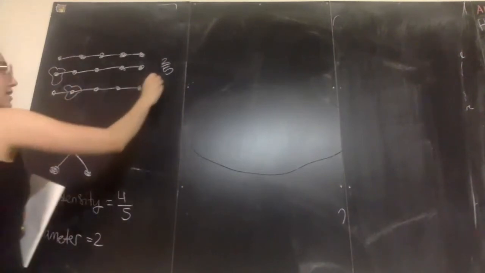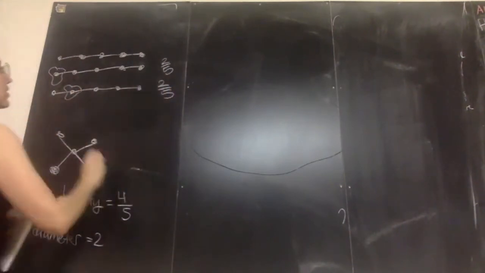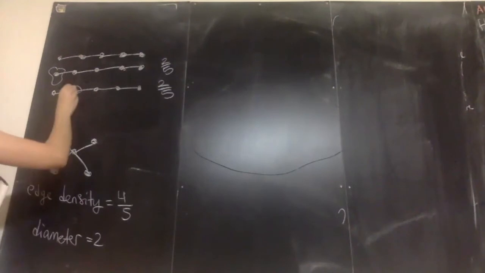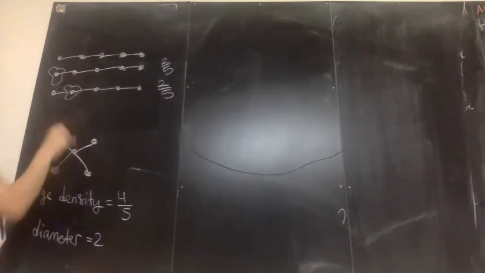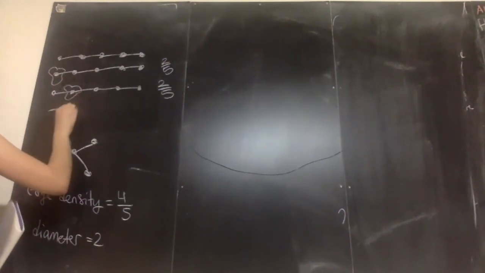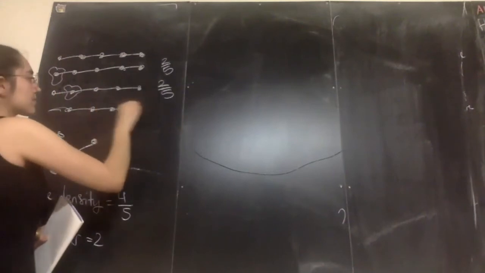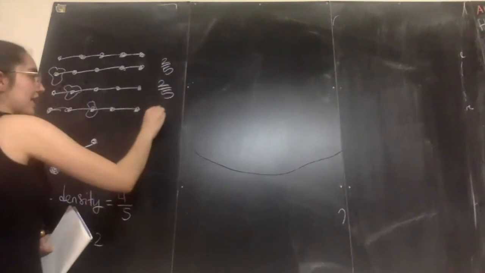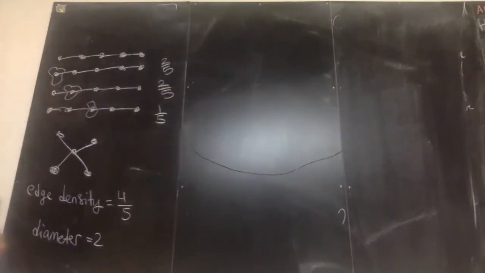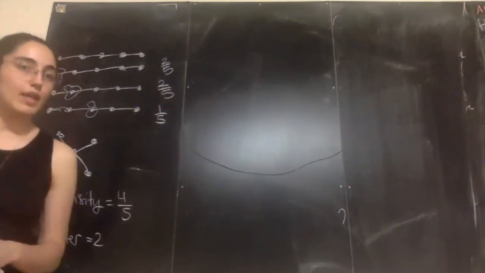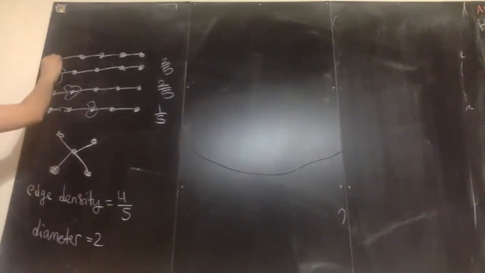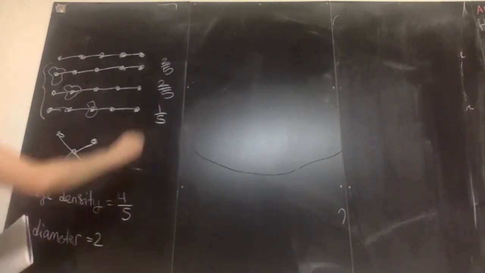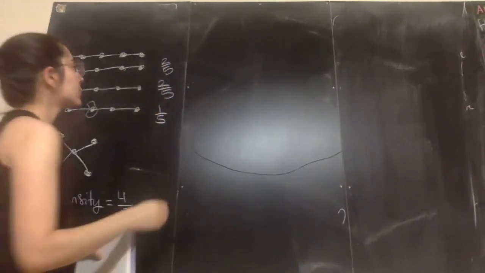There's a 2/5 chance of the node that is not quite in the middle, the one that's second from the end, being chosen, and there is a 1/5 chance that it is the middlemost node. And so I find the mean for all 3 of these graphs and the variance for all 3 of these graphs, and I add them together with these weights.